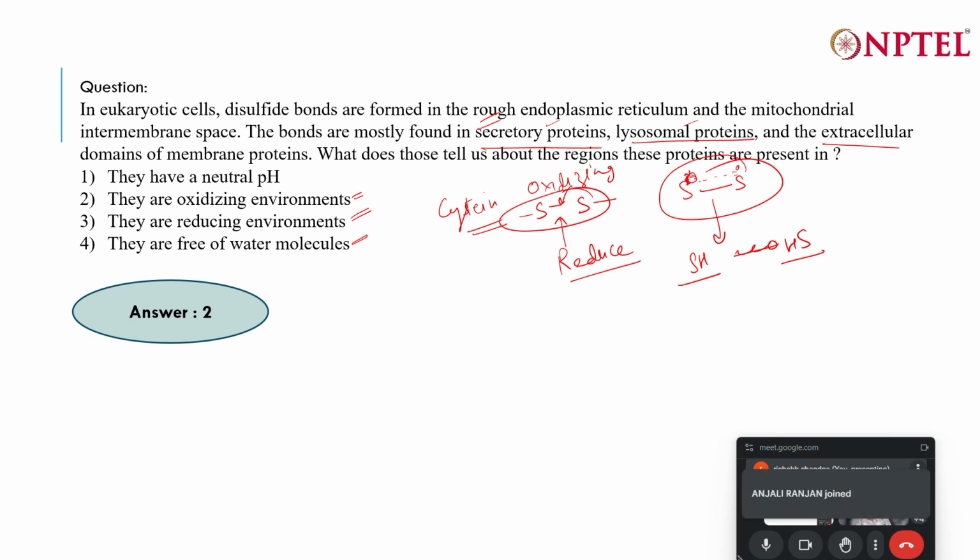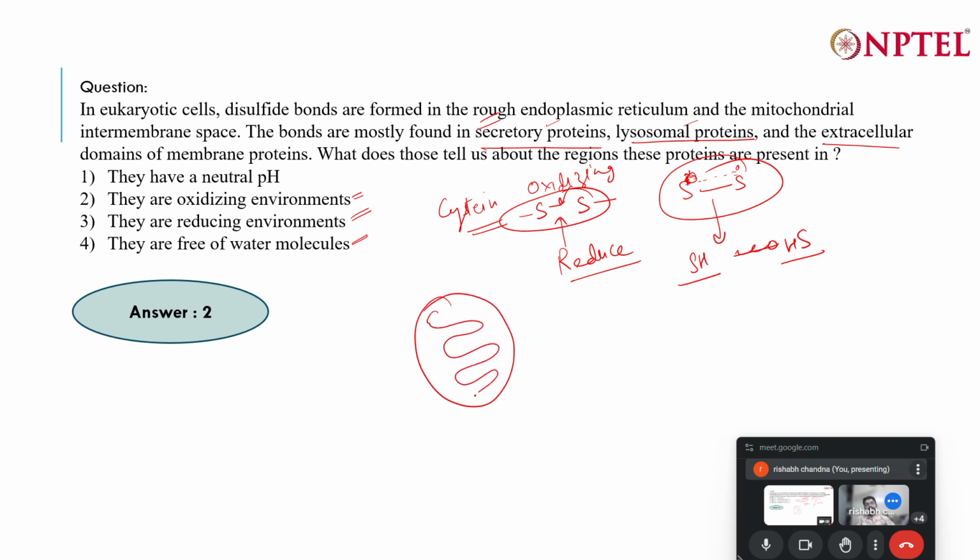In the intermembrane space, the pH is low because all the hydrogen ions are accumulated there, and when they come to the inner core of the mitochondria for ATP production, the pH gradient is maintained.